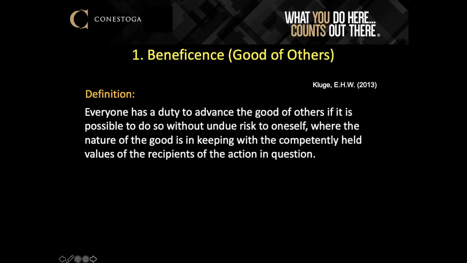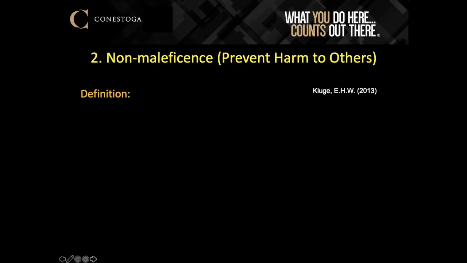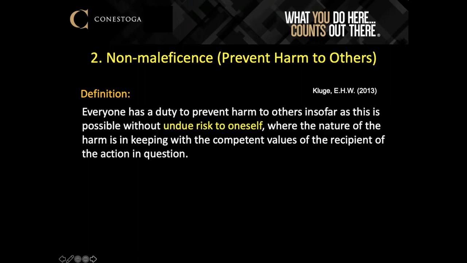The definition is advancing the good of others if it's possible to do so without undue risk to yourself. Non-maleficence is preventing harm to others. I'm highlighting this undue risk to oneself because that's an embedded concept that we're going to explore further down the road.